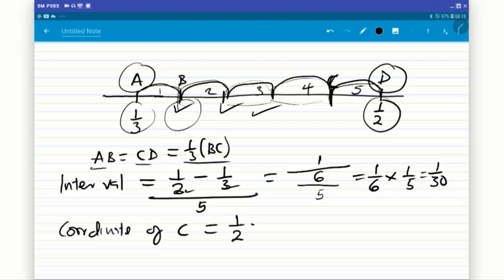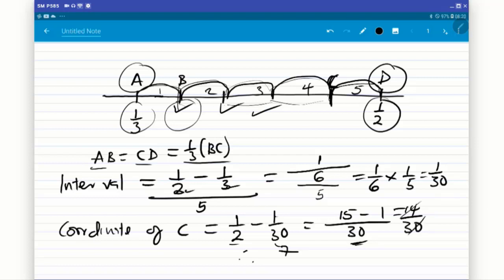The common denominator is 30, and 2 into 30 is 15. 15 times 1 is 15, minus 1, gives 14. So 14/30. If we simplify this, dividing by 2, we have 7/15 as the coordinate of point C, 7/15.